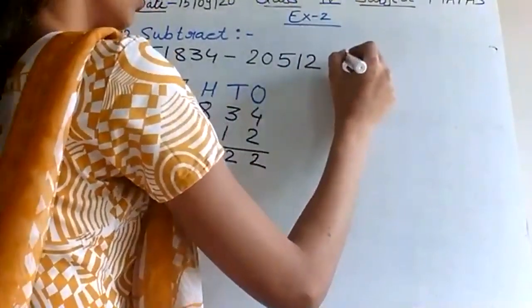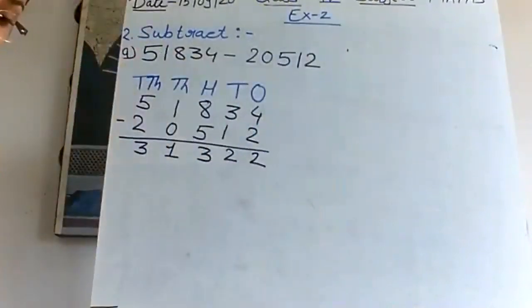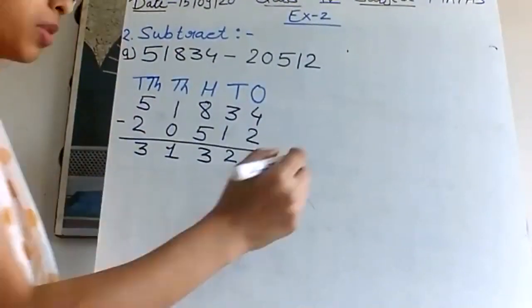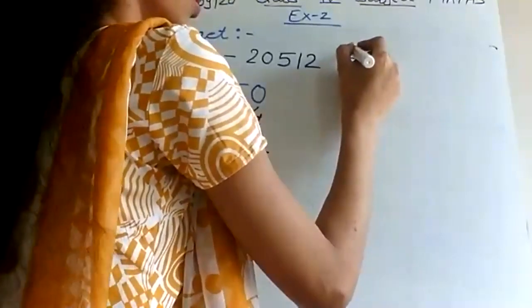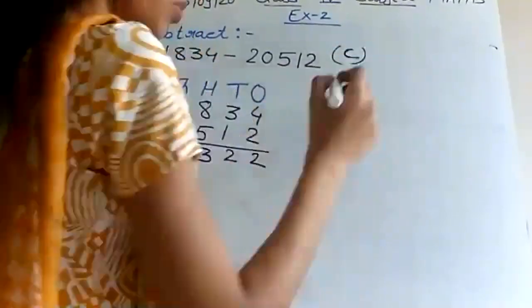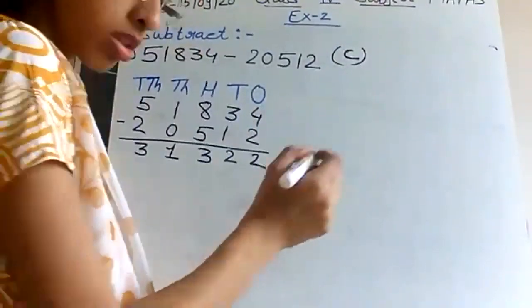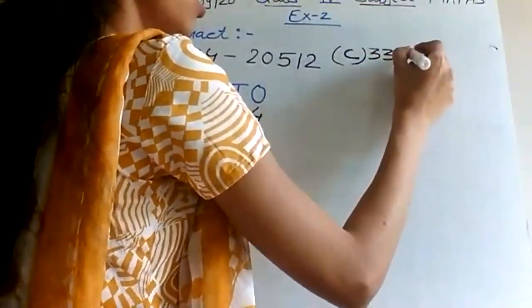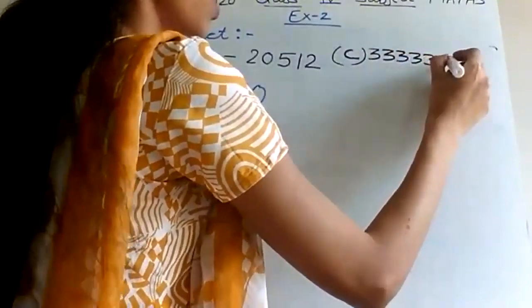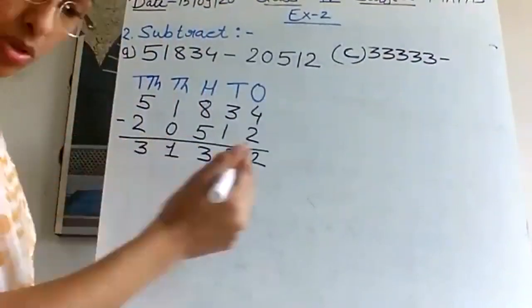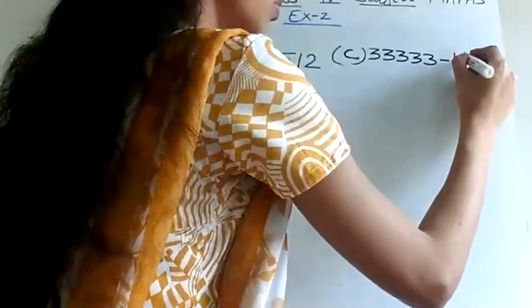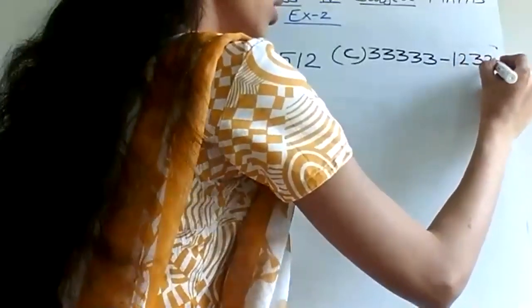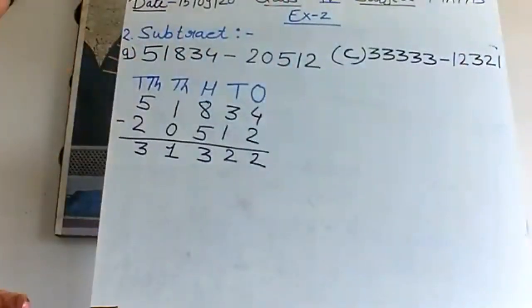Okay. Moving to next question. Question number B is your homework. I am explaining question number C. Question number C is 33,333 minus 12,321. Okay.